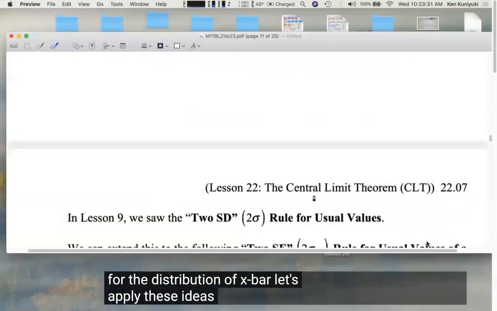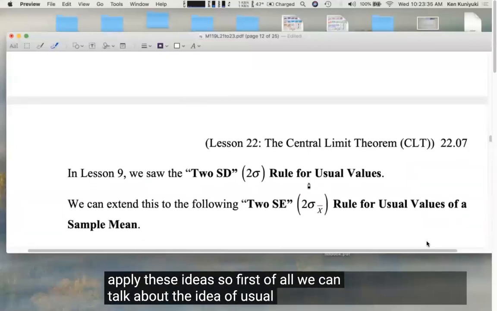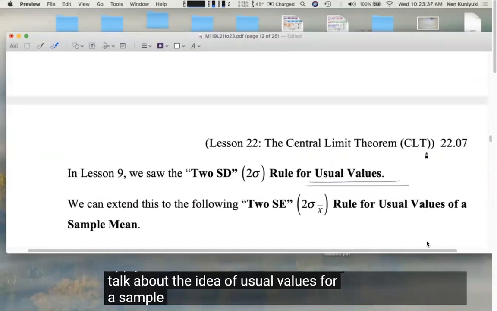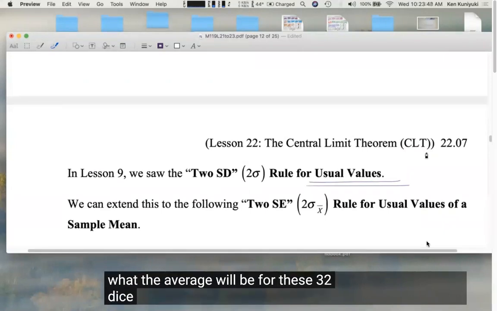Let's apply these ideas. So first of all, we can talk about the idea of usual values for a sample mean. So let's say that we have a machine that rolls 32 dice, standard dice. And you might be taking bets on what the average will be for these 32 dice. Well, what would we expect?